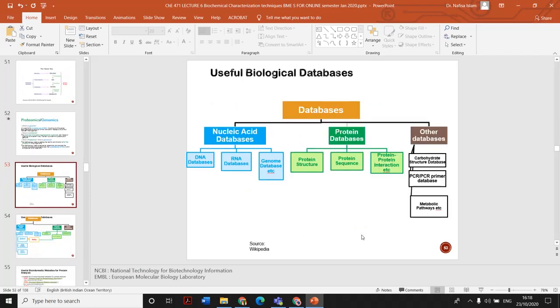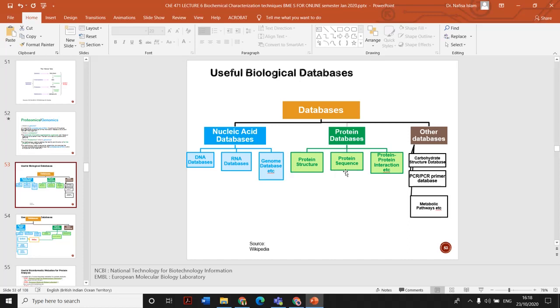Now coming to some examples of various databases. So you can have DNA databases, RNA databases, and genome databases on one hand, and you can have protein databases. With protein, you can have, say, databases for just the sequence. You can have databases for the structure.